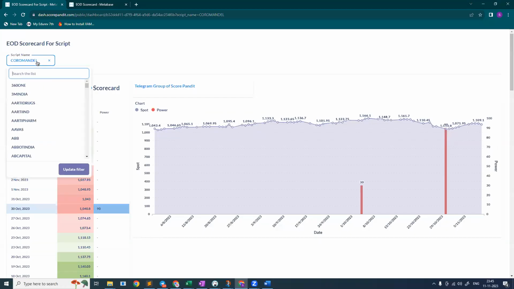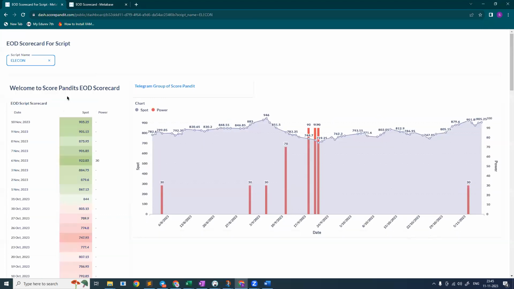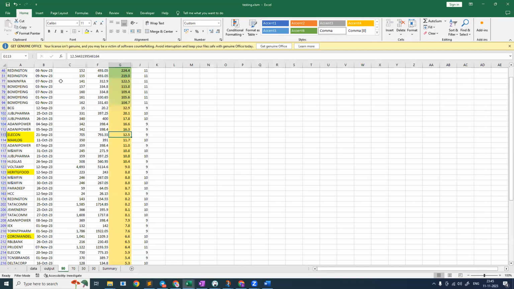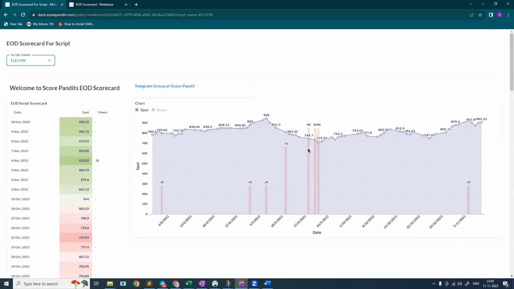So the way to look at it is you just select your stock here. Great. Now this will completely show you the trend of the last 3 months, right? We are now interested to see Elecon, wherein the score was detected 90. So here we are talking about 21st September. Now let's see where we are on 21st September.